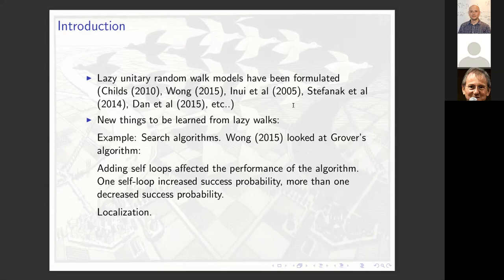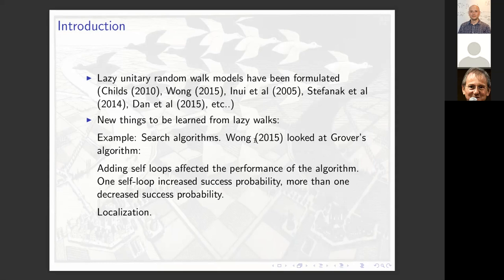For example, in this 2015 paper, one application could be in terms of search algorithms. The author claims, at least, to have formulated Grover's search algorithm as a lazy unitary quantum random walk.